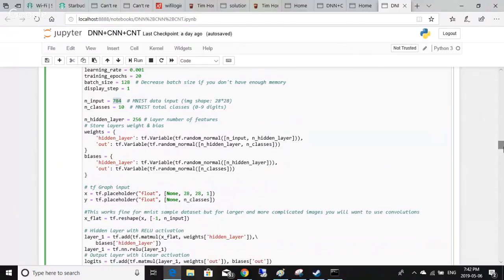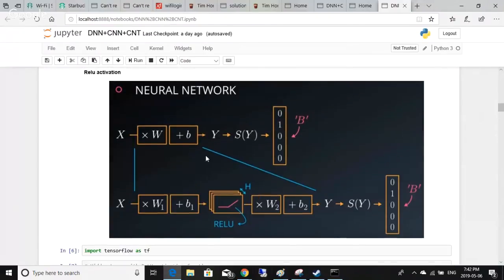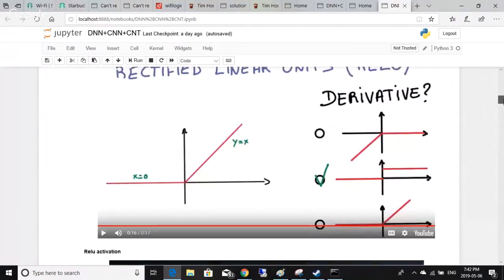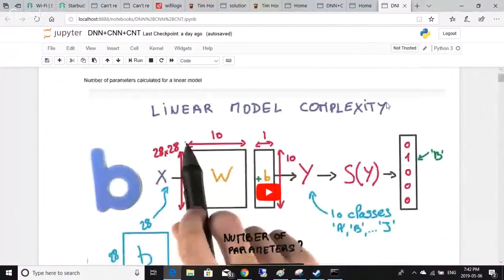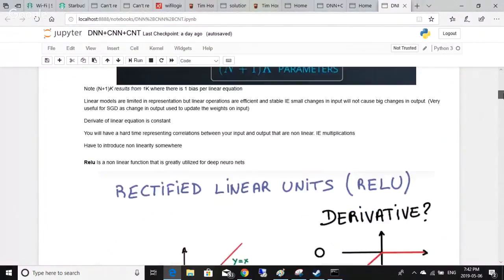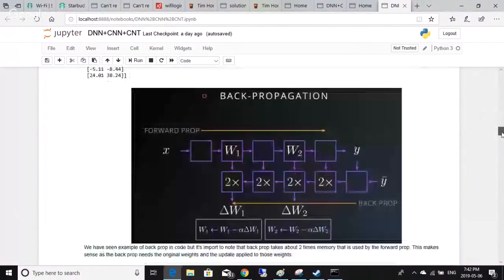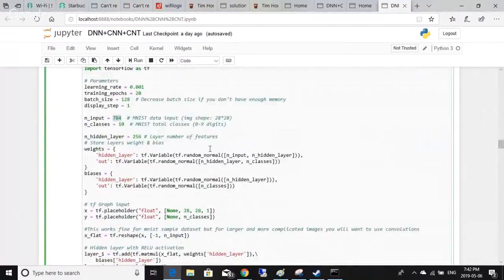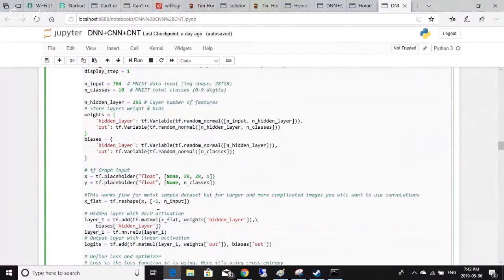And this is shown by example here, in the intro video there. And we make 28 by 10. But actually this has a hidden layer down here, and the hidden layer is 256.